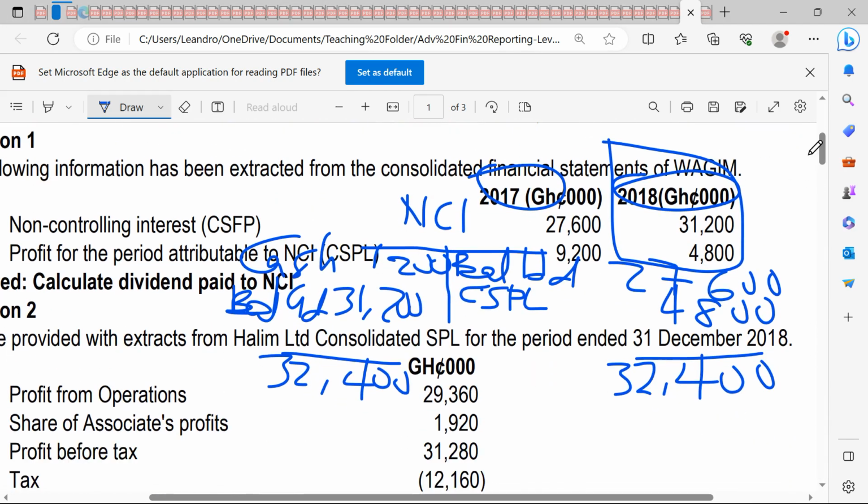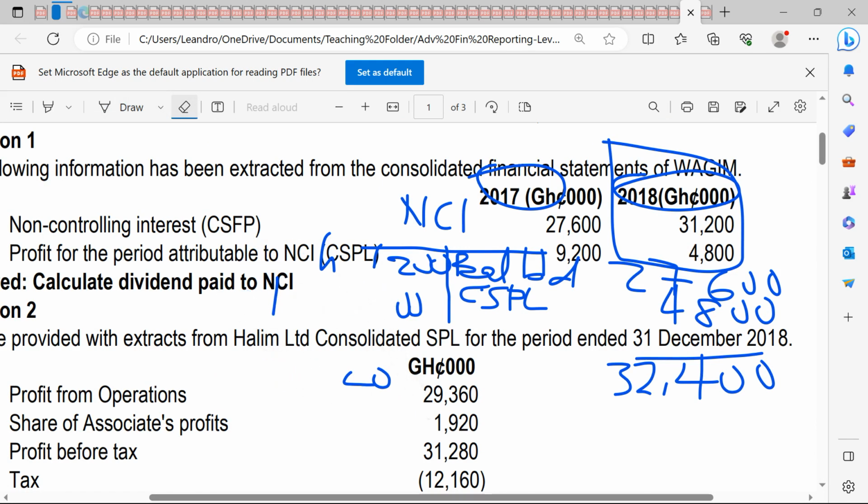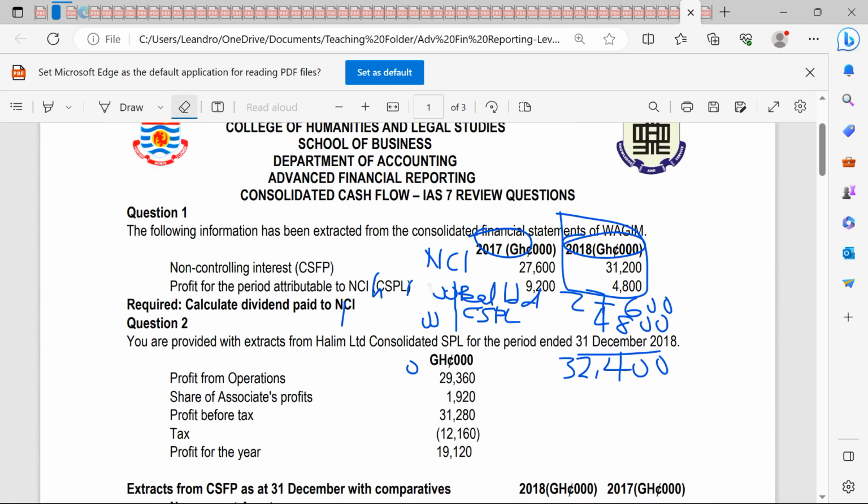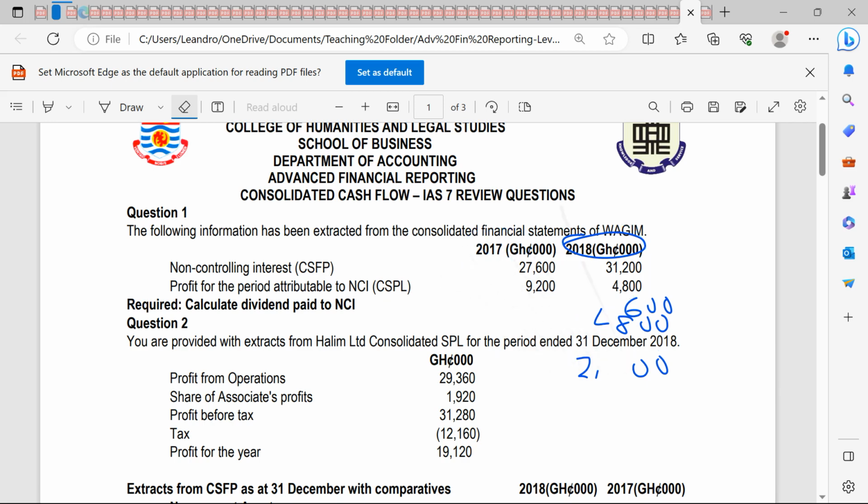In question 2, you are provided with extracts from Halim Limited consolidated statement of profit or loss.